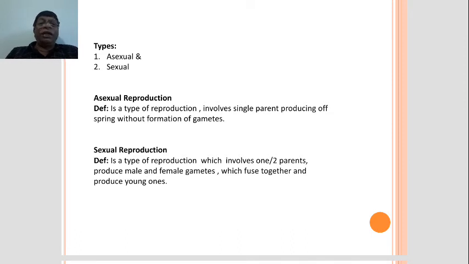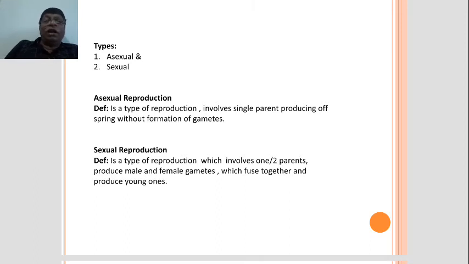Asexual reproduction is a type of reproduction which involves a single parent producing offspring without the formation of gametes. What is the meaning of this definition? Asexual reproduction involves a single parent.